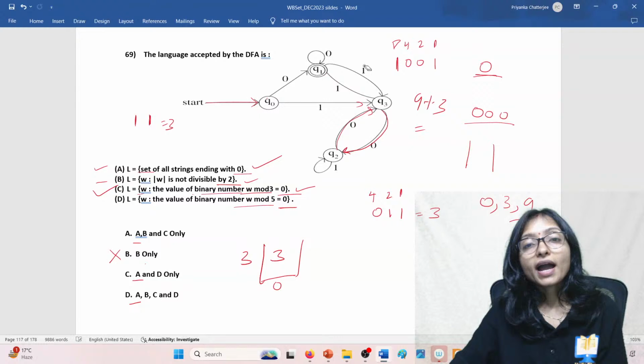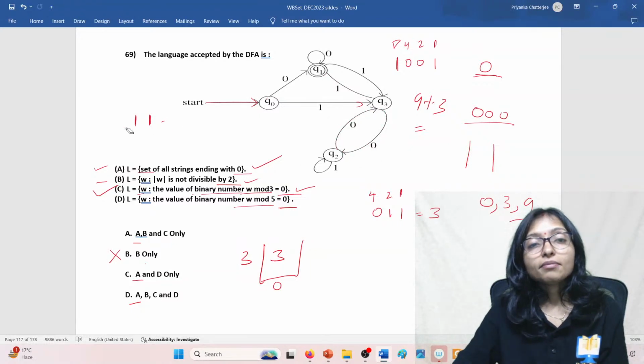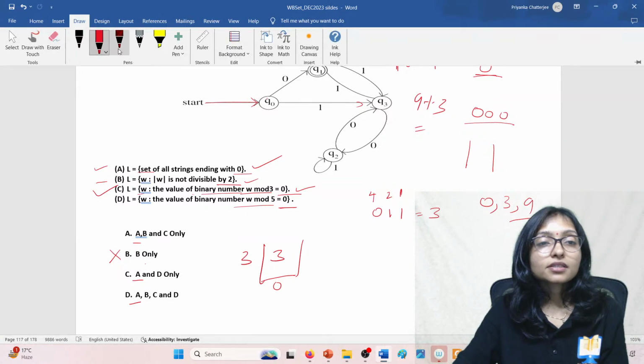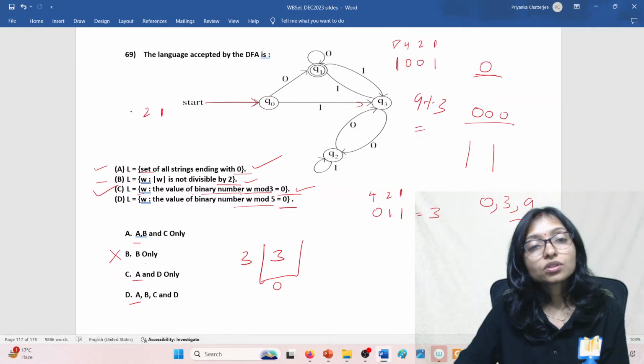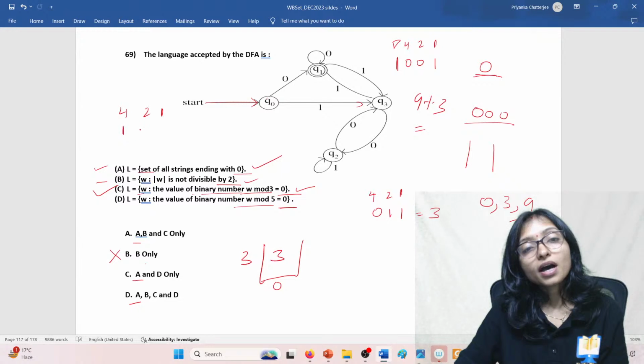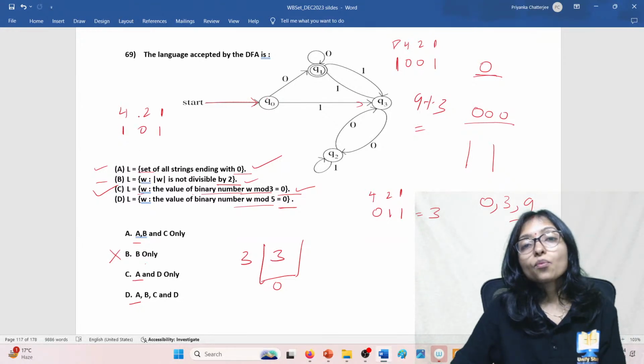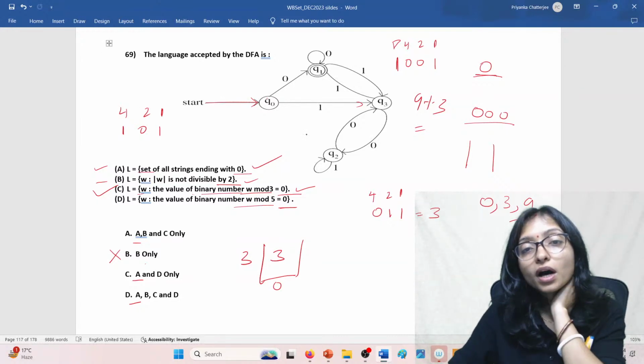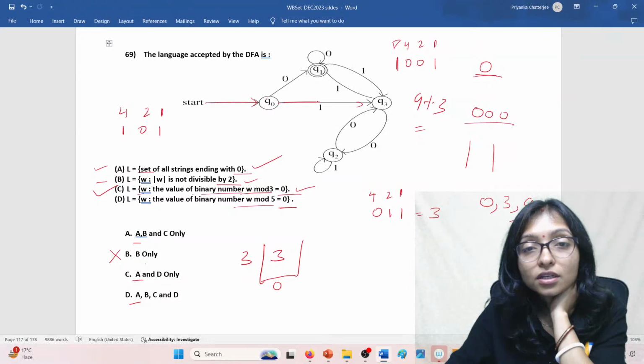Right. So 5 means what? 5 means 1, 2, 4, so you can see 1, 0, 1. So whether 1, 0, 1 is accepted or not, that you need to check. 1, 0, 1. Yes.